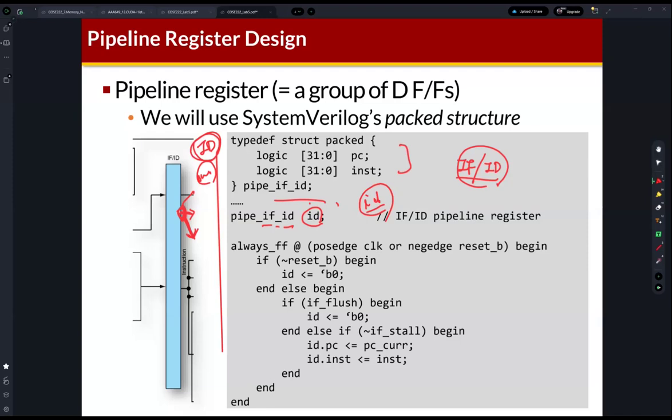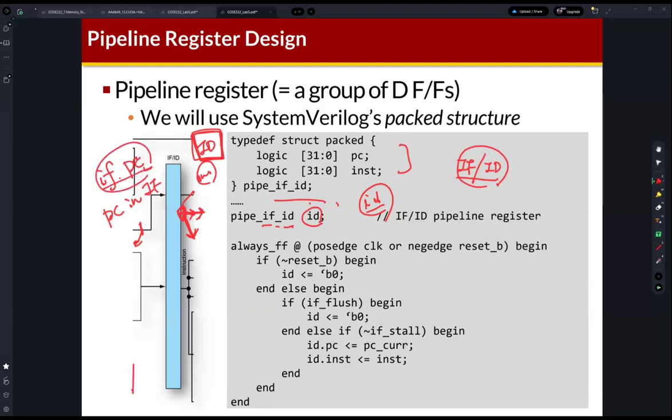So we can say that the output of this pipeline register is the signals in the ID stage. Do you understand? For example, this is the PC. We can say that this PC is the PC in the instruction fetch stage, so we can represent it as instruction fetch dot PC.